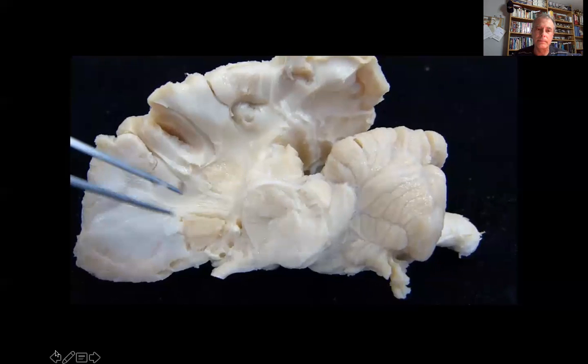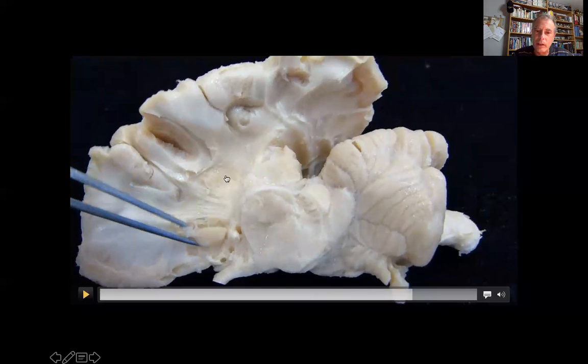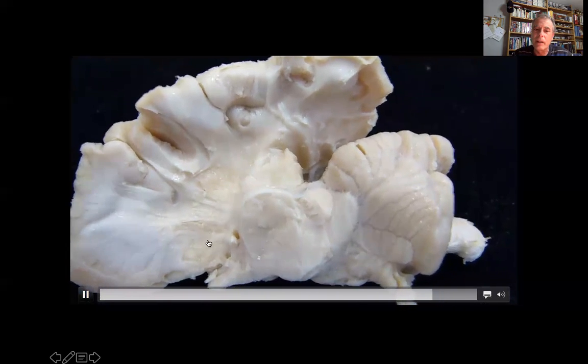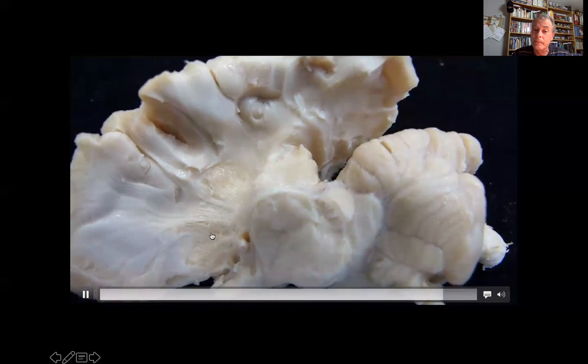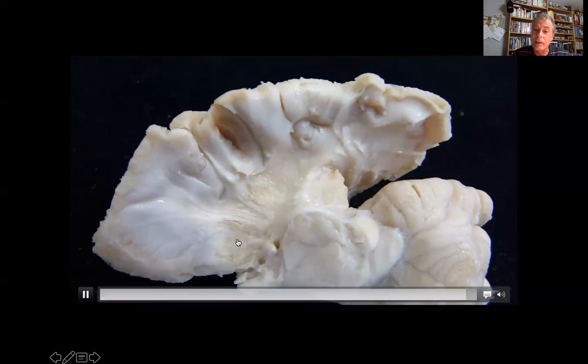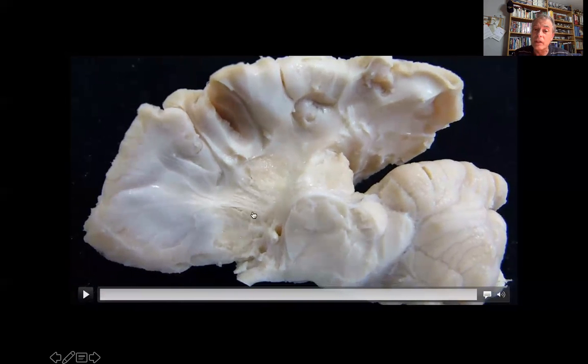And lateral to the caudate nucleus, we have the putamen, the lenticular nucleus. And here we also have the pallidum. So you see the lenticular nucleus is lateral to the internal capsule. These are fibers from the internal capsule.